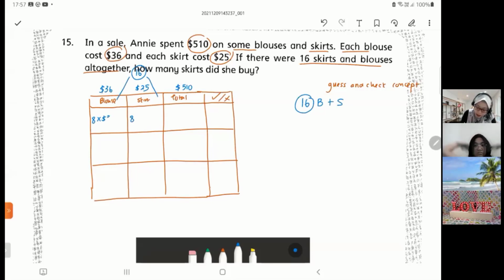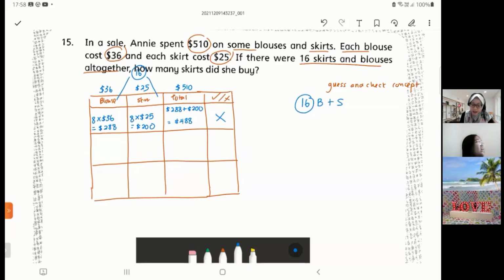Times $36, times $25, equals to, just press the calculator, you're going to get $288. This one we're going to get $200. Total, you take 288 plus 200 equals to 488. Is it 510? No, cross. Okay, so we know that this is not the correct answer.